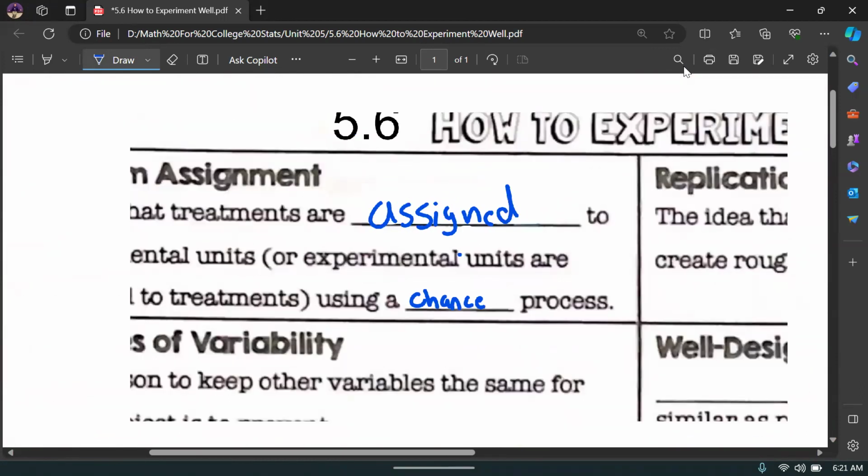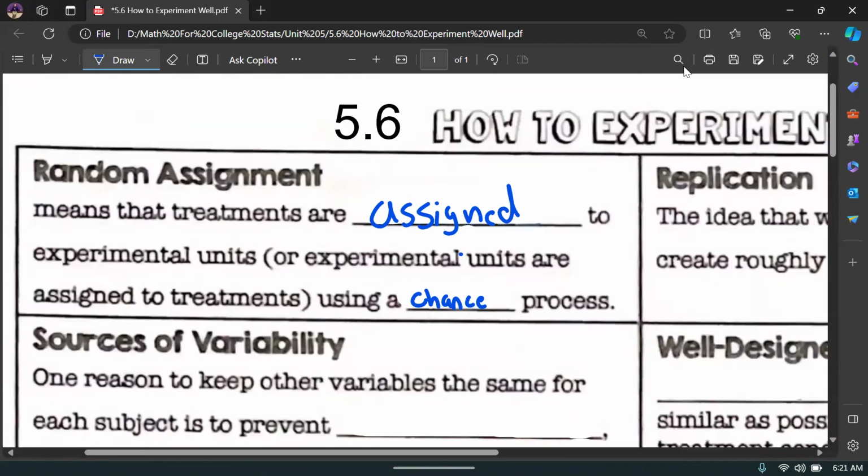So not just the people themselves are selected randomly, but the treatment assigned to them is assigned randomly.